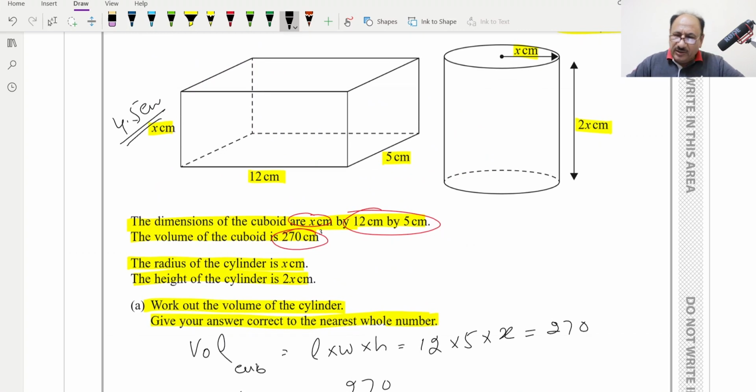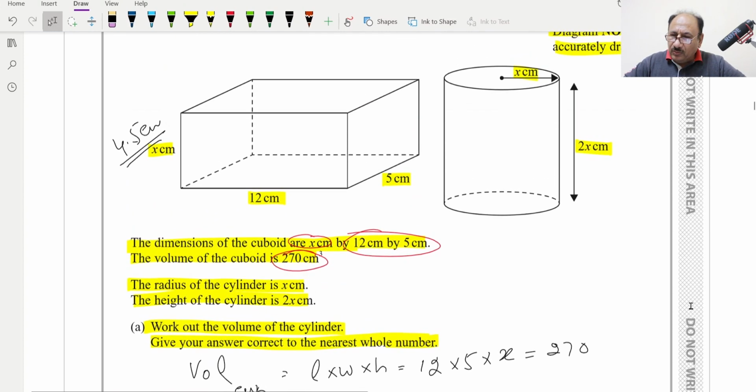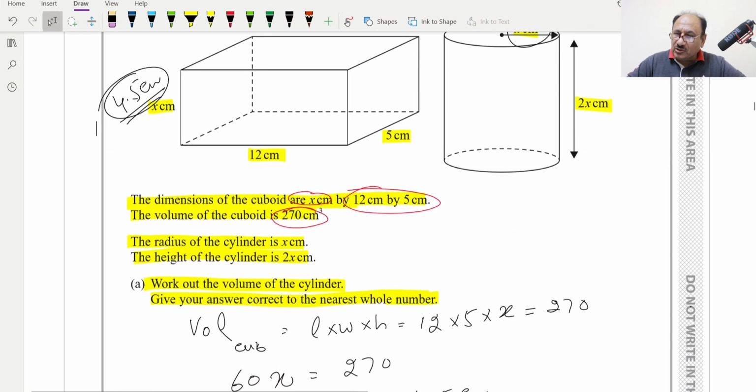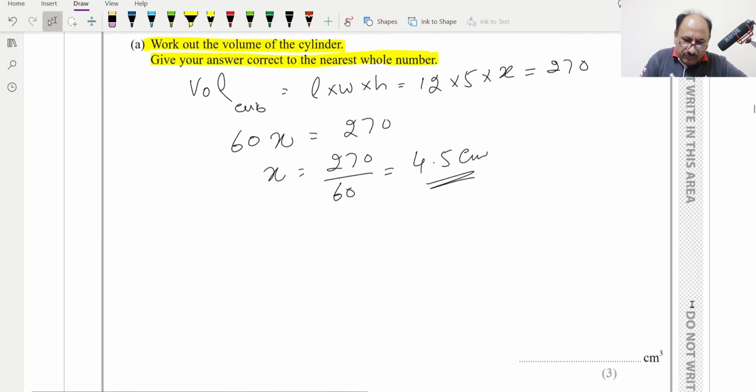Now after finding this, we can find the volume of the cylinder, and what is the volume of the cylinder formula? Pi r squared into h. The r value is x, and x is the same as what we have calculated, and now h is 2x, so we'll double the x value. So we will write down volume of cylinder.